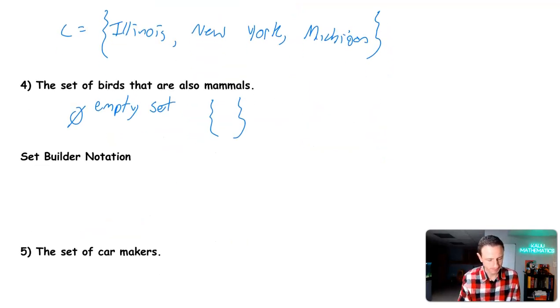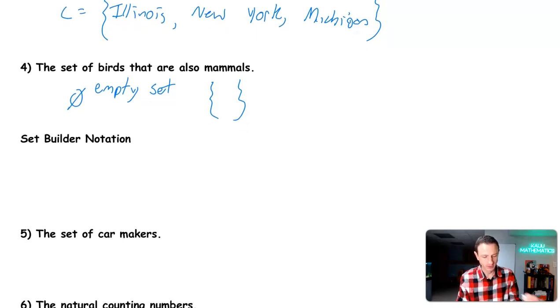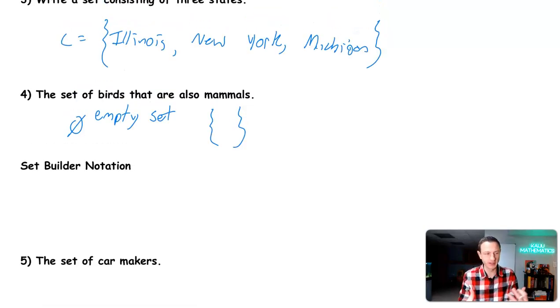Set builder notation. So with set builder notation, the set is going to be the same. It's just a different way to notate a set. Let's use the concert example.